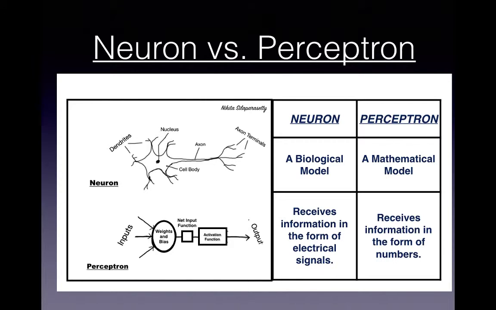This is explained more clearly in the second point. The second point states that a neuron receives information in the form of electrical signals. Now this is something for a biology class, so I won't go into the details of it. A perceptron, however, receives information in the form of numbers. This means that all the inputs, the calculations, and the outputs will be numerical.